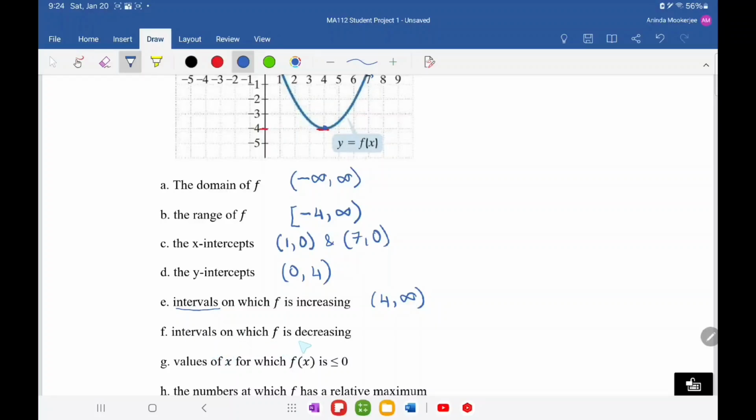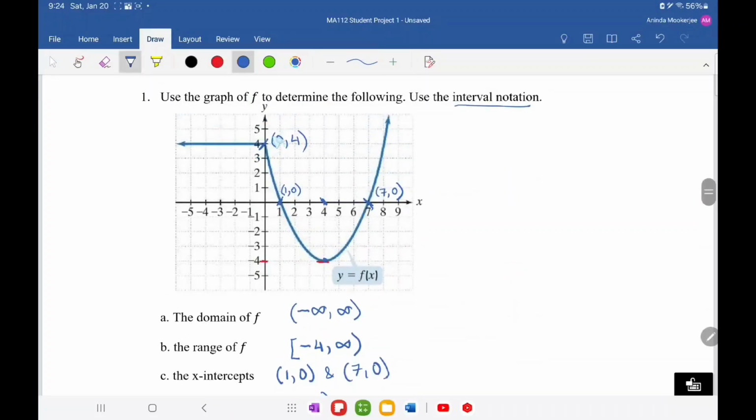Intervals on which f is decreasing, let's look at that. f is decreasing from here all the way up to here, right? Up to 4. So we are going to say, let's see, along the x-axis what the interval is.